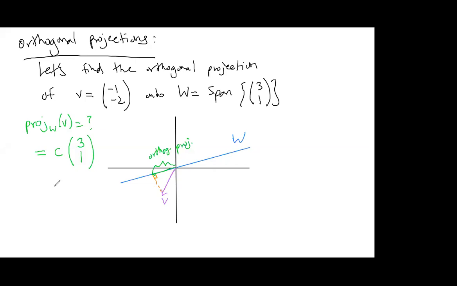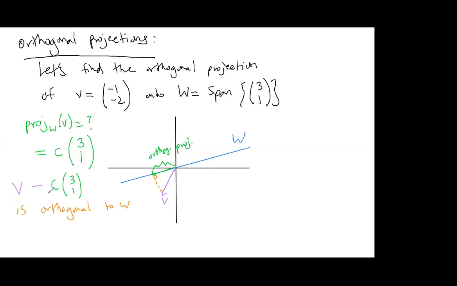The defining property is that if you subtract the orthogonal projection from V, you should get something orthogonal to W. So if we take V and subtract this orthogonal projection, we should get something orthogonal. This is, sorry for all the colors, orthogonal to W, which means its dot product with anything in W needs to be 0.